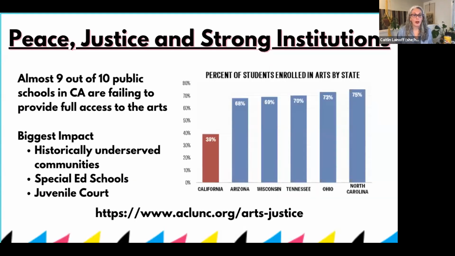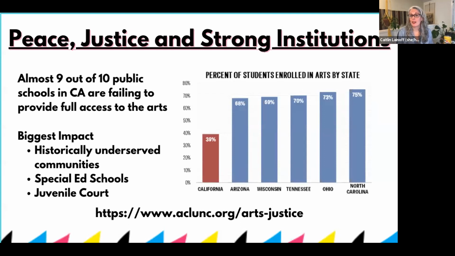The second one we identify is peace, justice, and strong institutions. So we know that institutional racism impacts every member of our society. And we recognize that within the current pre-K through 12 education system, there is inequitable access to a quality arts education. The statistics presented on this slide come from ACLU SoCal, who we've been working with around this issue, the civil rights issue of an equitable arts education.